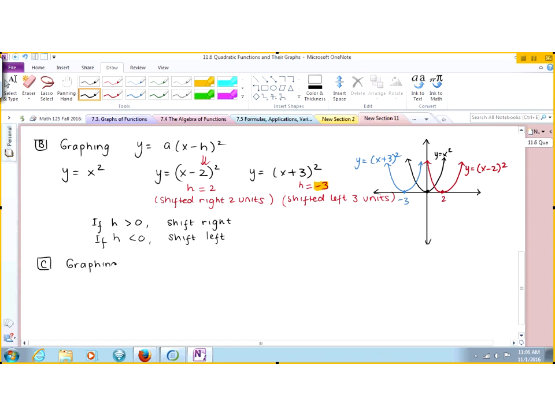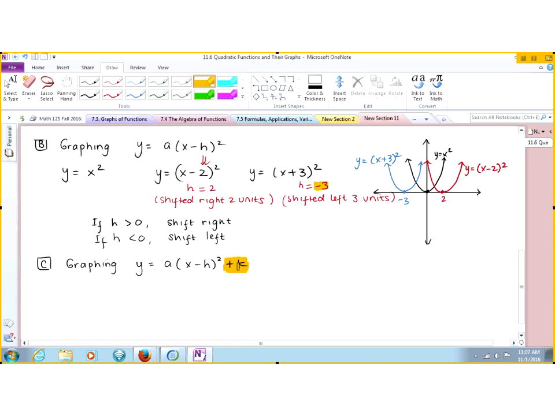Now, the next one would be graphing y equals a times (x minus h) squared plus k. So we know what these do. Now we're interested in finding out what happens if I have plus k.